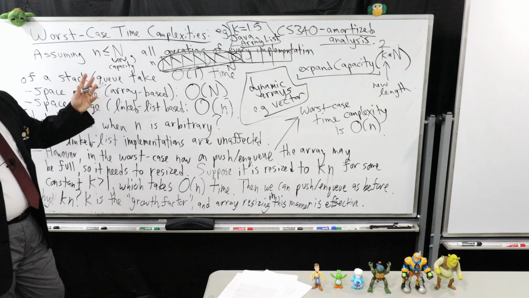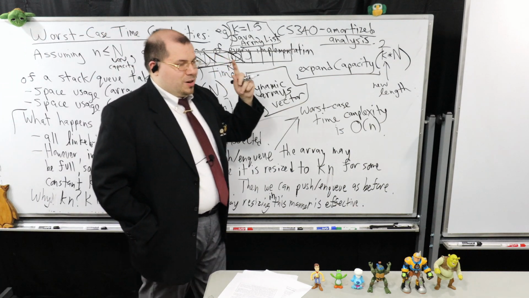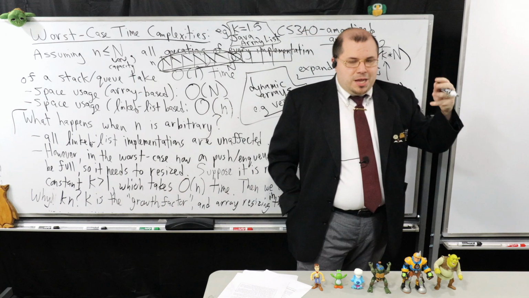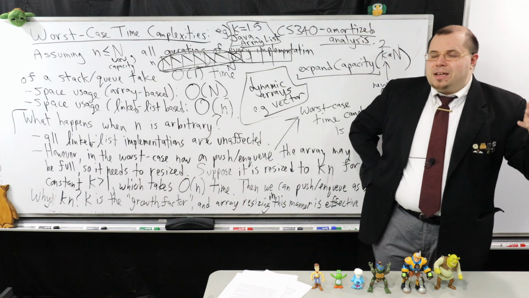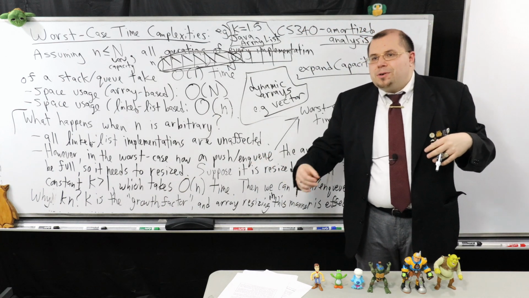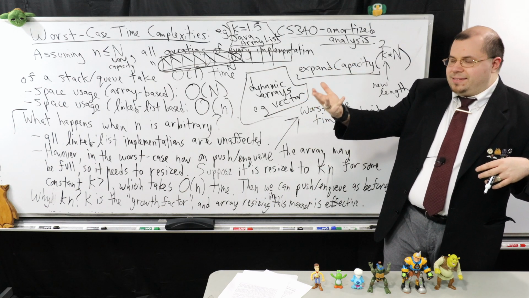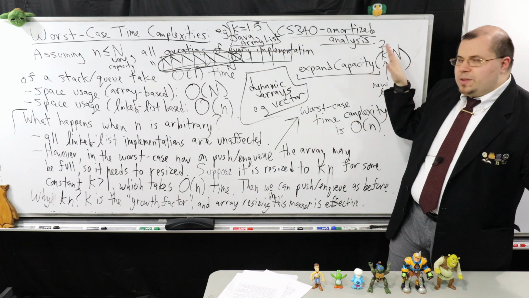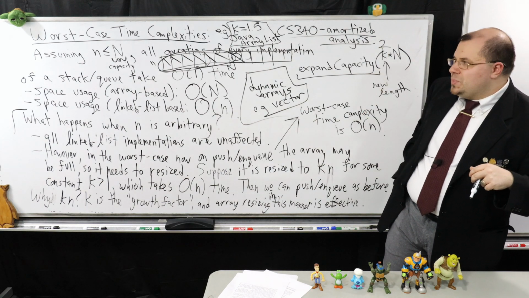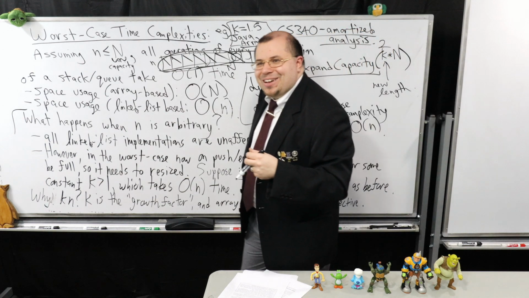And keep in mind that's for all the operations. If we're talking about the stack, it's push, pop, peek, size, is empty, all of them. Just like for the queue, we have enqueue, dequeue, front, is empty, and size, right? All of them can be big O of 1, which is a wonderful thing to have.